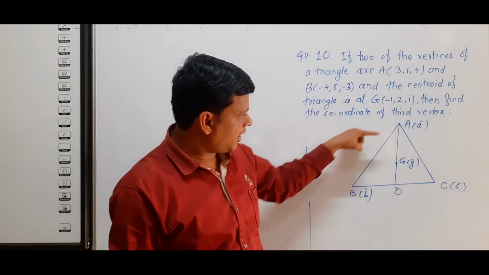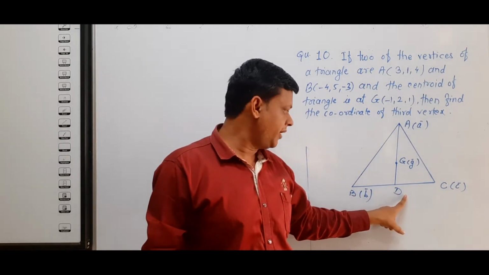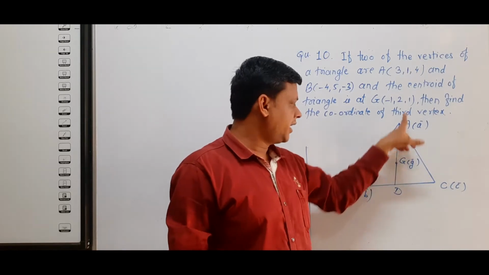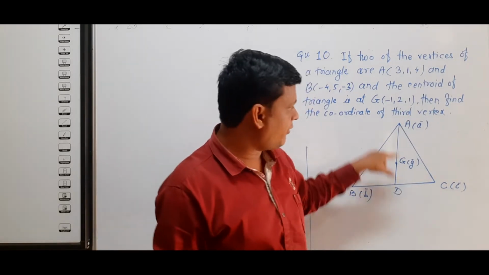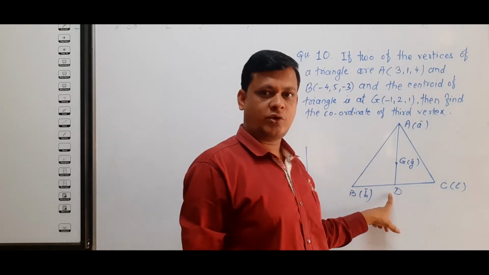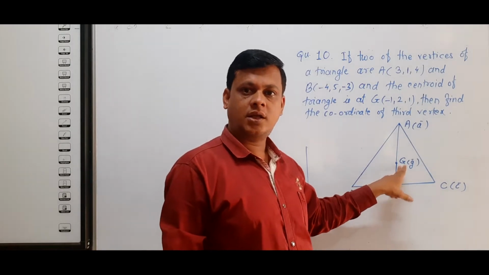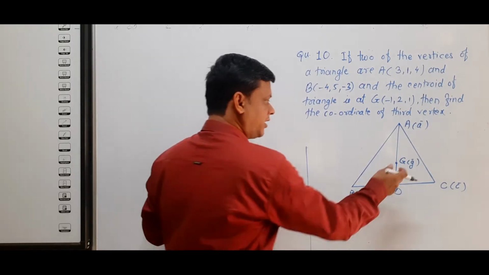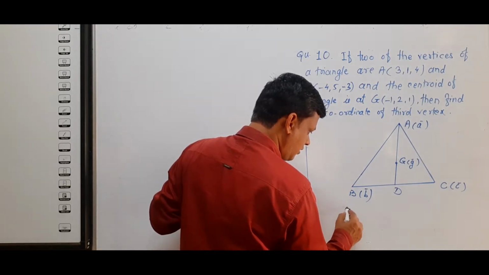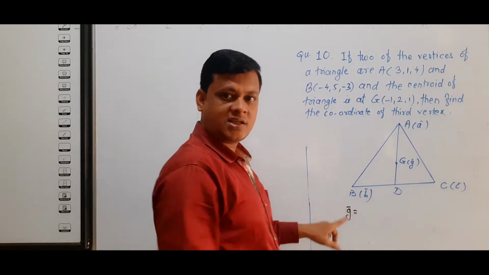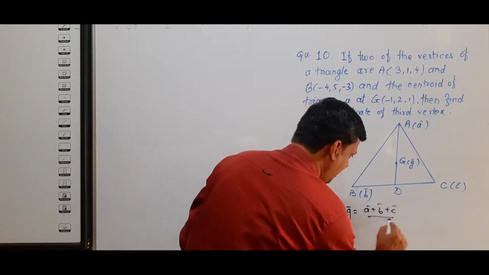So see here, if the given triangle is ABC, and D is the midpoint of side BC, then AD is the median, and the centroid G divides this median in the ratio 2:1. So we write the position vector of this centroid G as G bar, and we write this G bar as (A bar plus B bar plus C bar) upon 3.